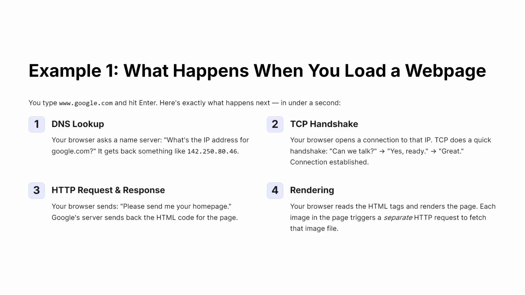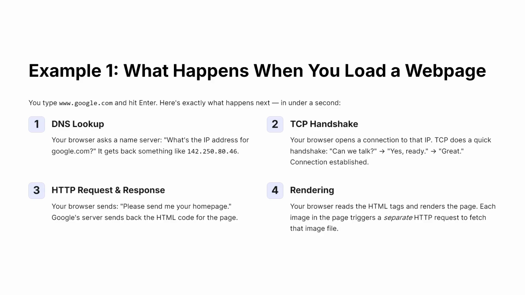Let's trace exactly what happens when you type www.google.com and hit Enter. 1. Your browser, application layer, needs Google's IP address. It sends a DNS lookup request, basically asking, hey, what's the IP for Google.com? 2.